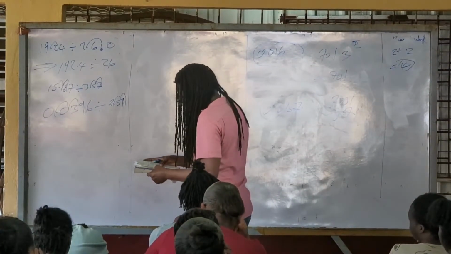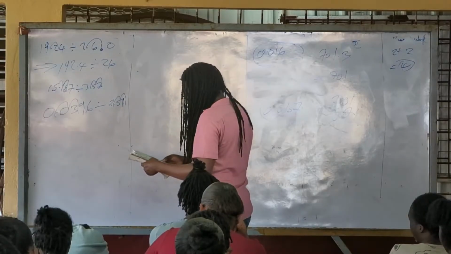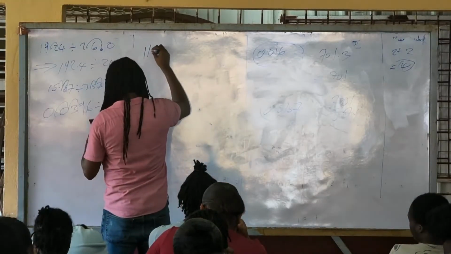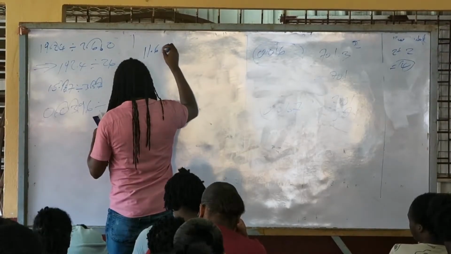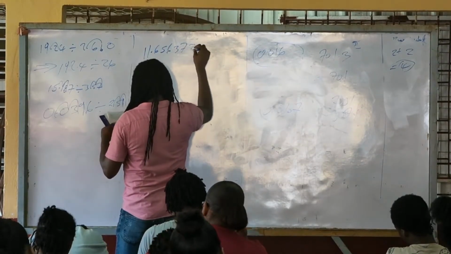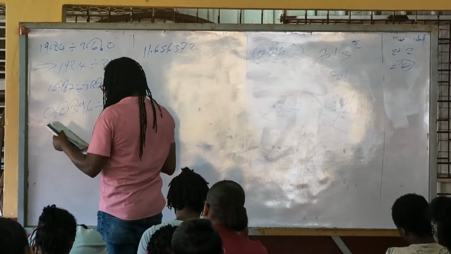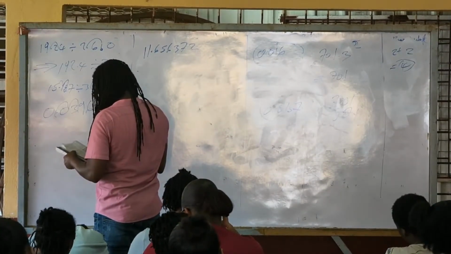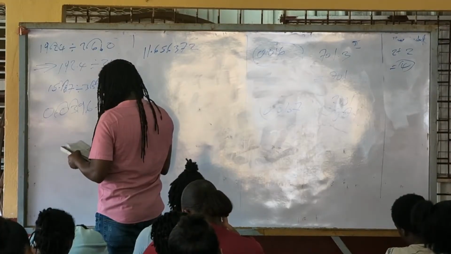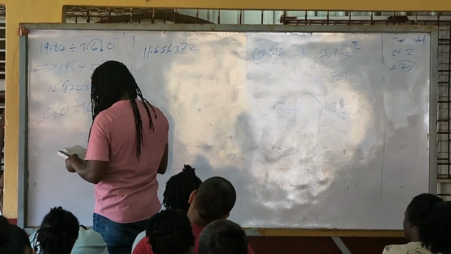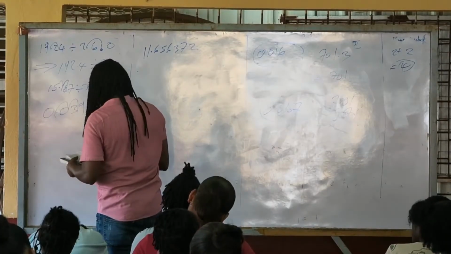All right, ready. Significant figures. 11.6567372. I want you to correct that to 2 decimal places.